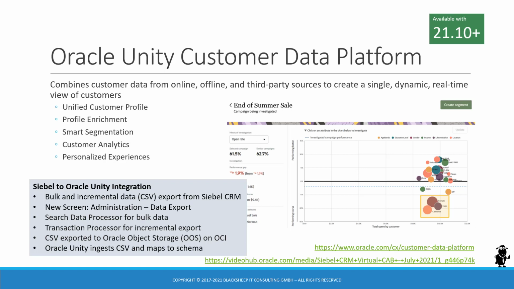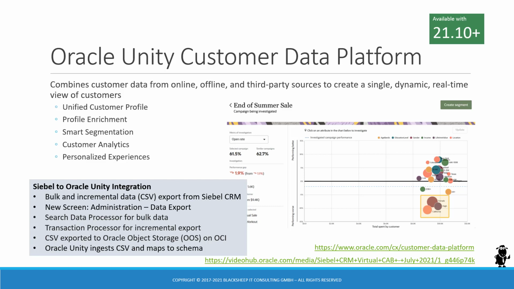As to the integration, Unity can ingest any type of data source, including CSV data, and that's how Siebel is equipped to send data to Oracle Unity. So there is a new export feature for bulk and incremental data in CSV format. There's a new screen we'll take a look at. And the solution of Oracle is built on the existing infrastructure, like so often.